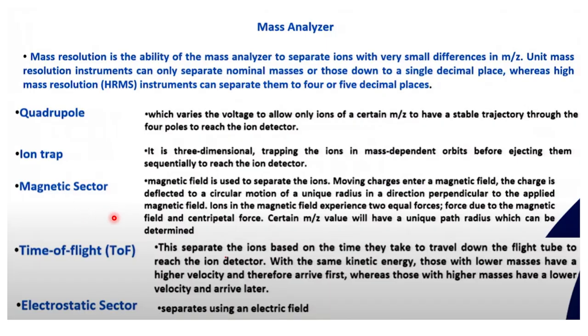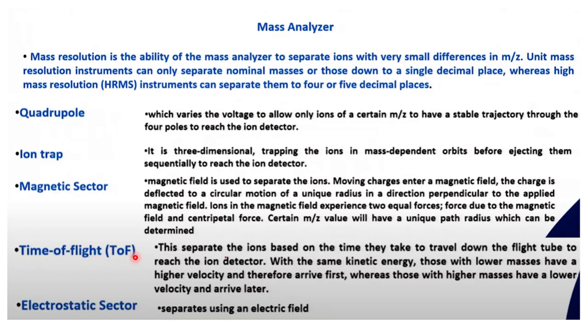By providing a magnetic field, since the m/z is different, those ion species will interact differently with the external magnetic field. Since they experience different magnetic force, they will take different times to go to the detector.